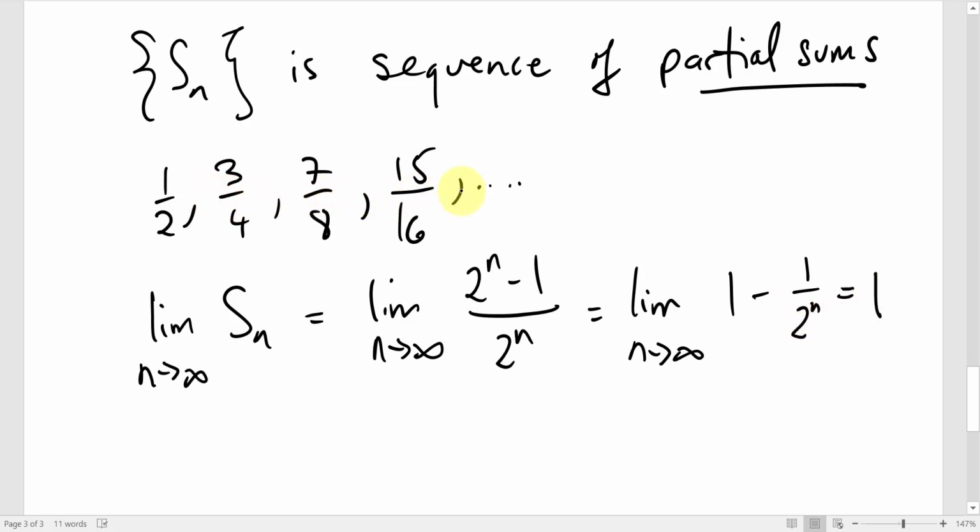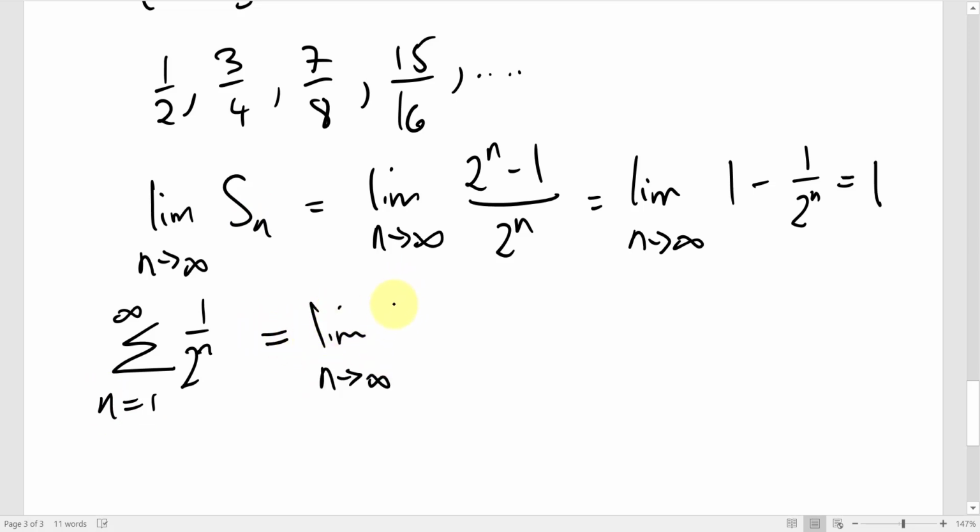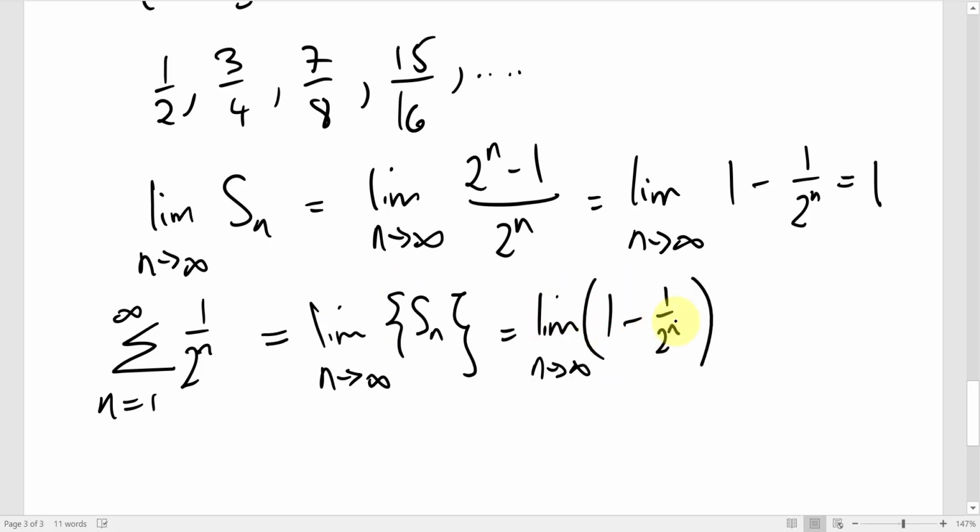It's pretty obvious. So you look at that and say, oh yeah, it seems to be getting closer and closer to 1. That is in fact the case. And so what's happened is this infinite series, because it has this partial sum, is equal to the limit of the sequence of partial sums. And that's the limit of this nth partial sum, which we know is 1.